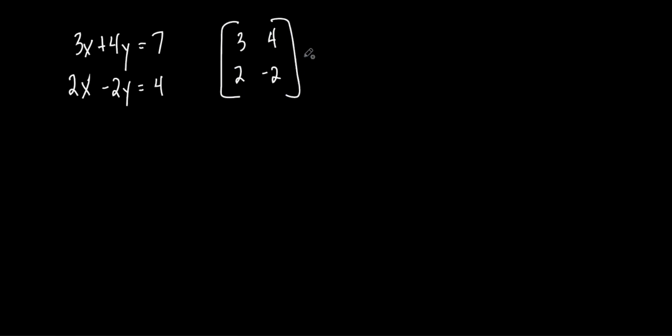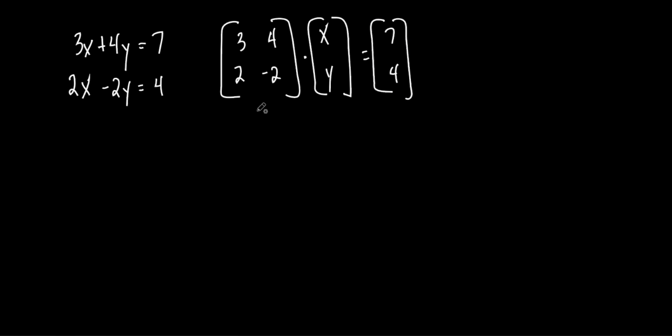And each one of these is being multiplied by an x and a y, right? So I got an x and a y right here. And what does it equal? It equals these 2 right here, 7 and 4. So once you set it up like this, you are ready. Oops, it's not divided by 4. What am I doing? 7, 4. It's a matrix.